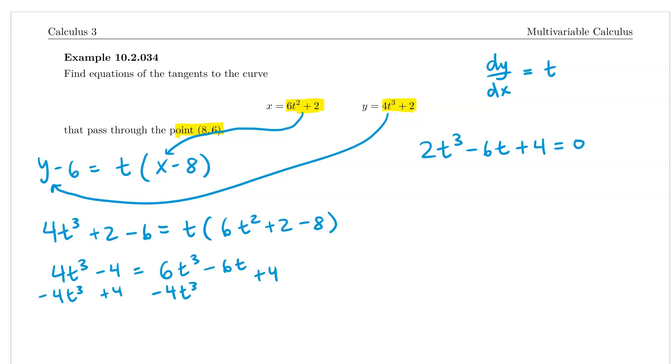And from Desmos, we saw that our solutions to this should be 1 and -2. But let's just check to see that that works. So if I plugged in 1, we would get 2 minus 6 plus 4, which does end up equaling 0. So that's a solution to this equation. And then let's try -2.